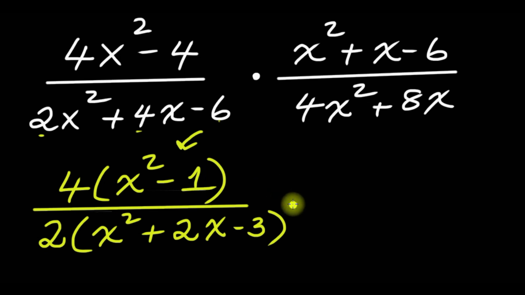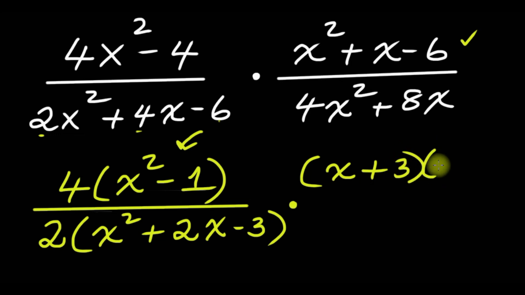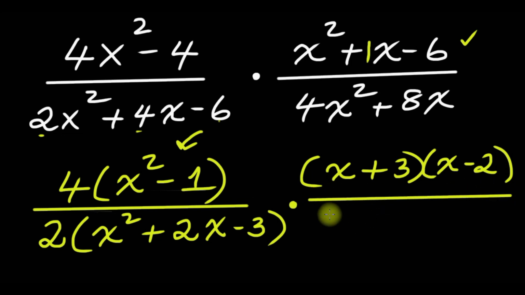Now over here, I'm just going to go ahead and factor this trinomial for now, into 2 binomials. So we can factor into x plus 3 times x minus 2. Okay, because your AC is negative 6 and then your B is 1. So it has to do with positive 3 and negative 2. And then the denominator, pull a 4x out, and that's the greatest common factor. So you're left with x plus 2.